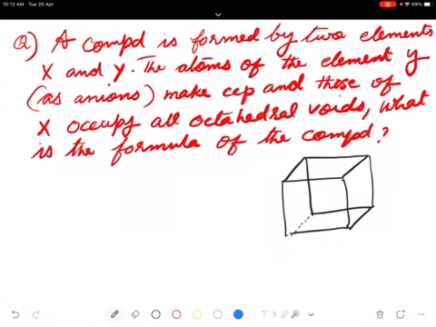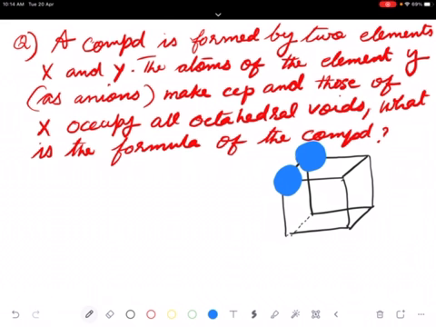So here, one atom at the corner, corner, corner, corner. There are 8 corners.